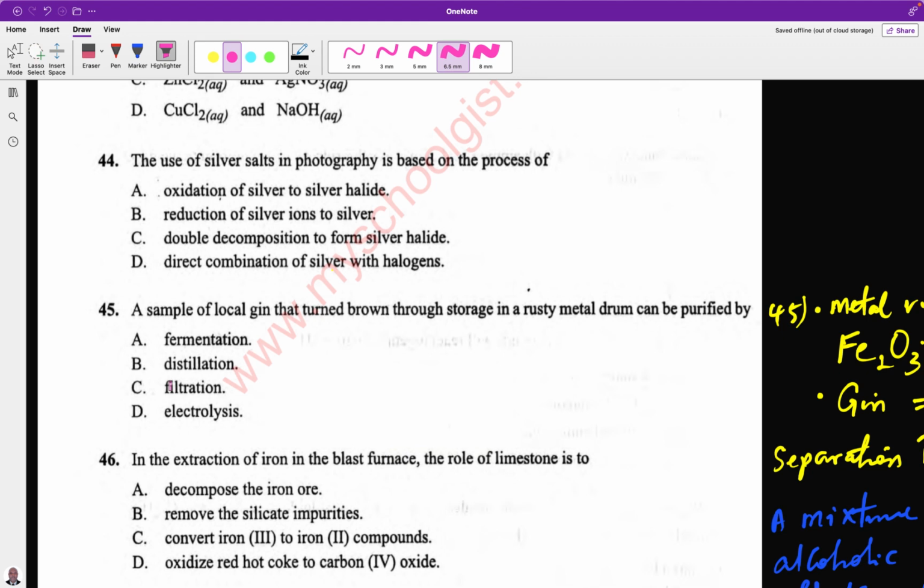The silver in silver chloride has an oxidation number of plus 1. Then going to silver solid is 0, because any element in its neutral state has an oxidation number of 0. So it is reduction taking place here from plus 1 to 0. So in our answer column, the answer for this question is B.